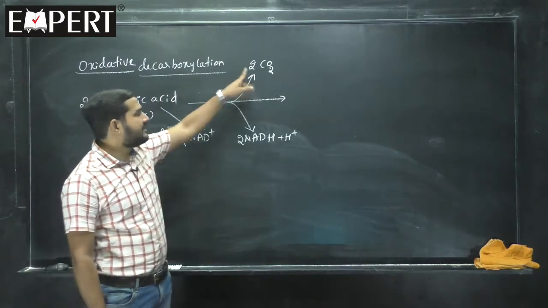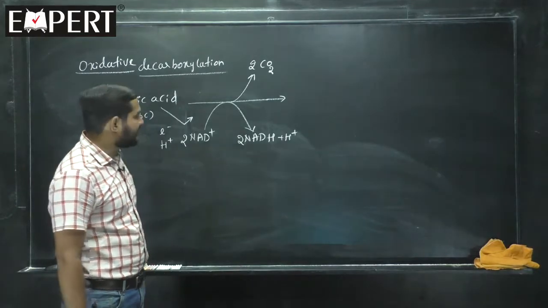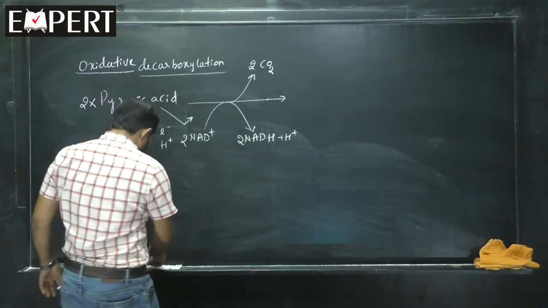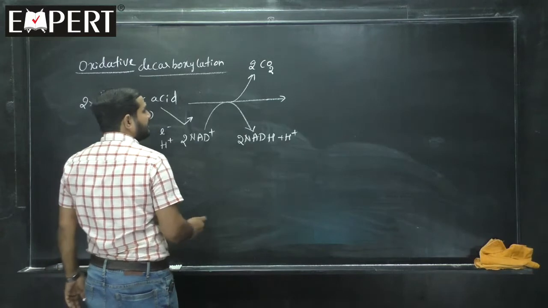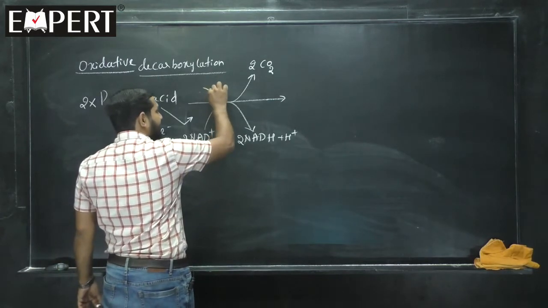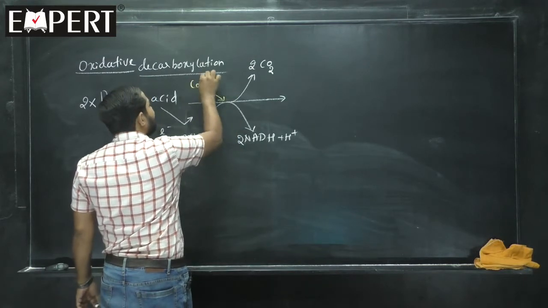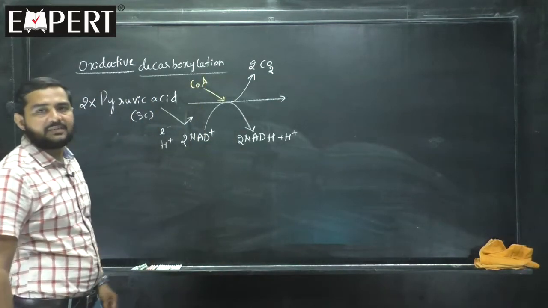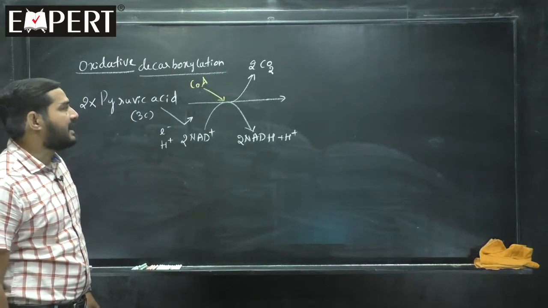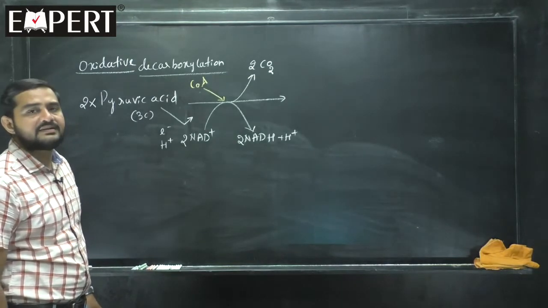Oxidative is over, decarboxylation is also over, but things are not over. If this is to occur, there is a requirement of a coenzyme. That coenzyme is coenzyme A, which requires sulfur for its synthesis.